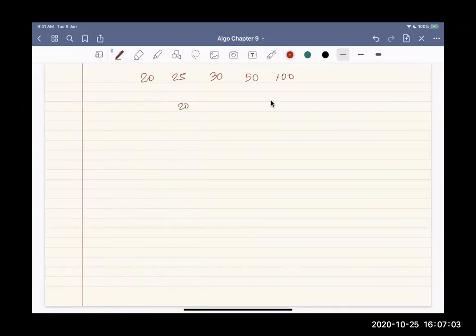So your heap will be 20, 25, 30, 50, 100. It actually turns out to be a min heap, but I want a max heap. So this is not a max heap for sure, and now I have to convert it to a max heap.